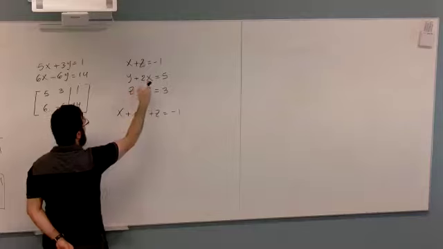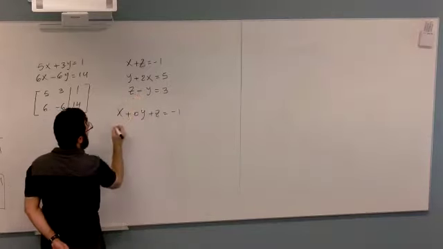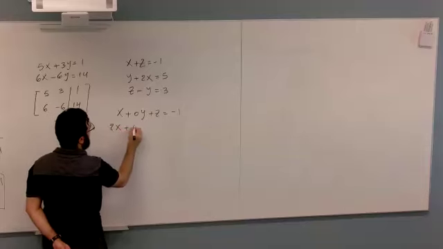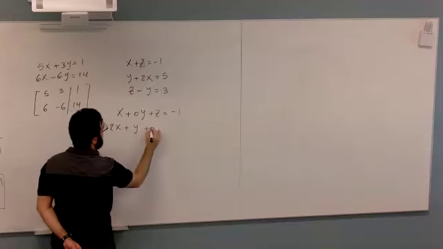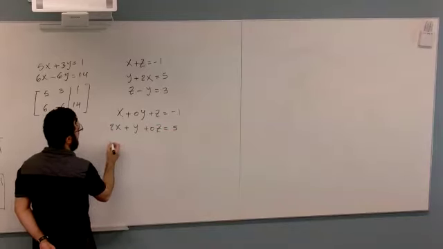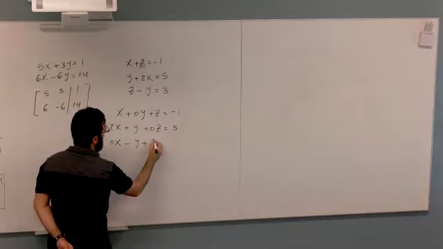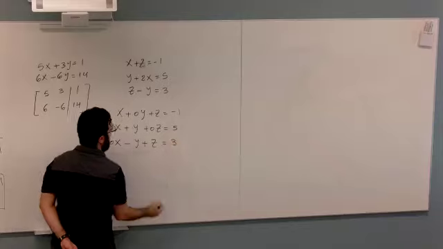The second one, I have x and I have y. Which one is 0? Z. But write down the x first, plus 0z equal 5. And the third one, 0x minus y plus z equal 3.